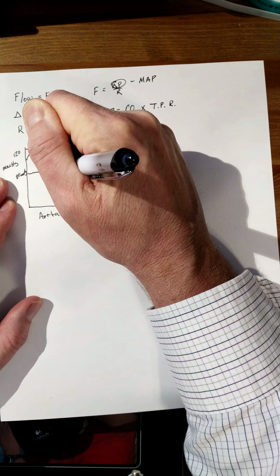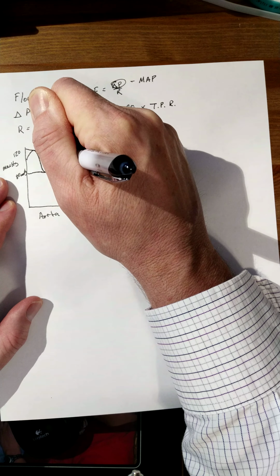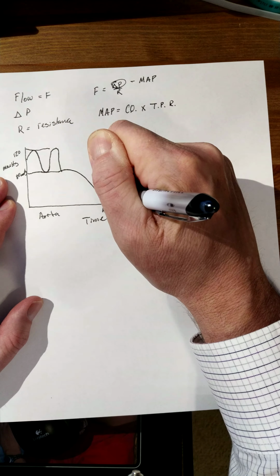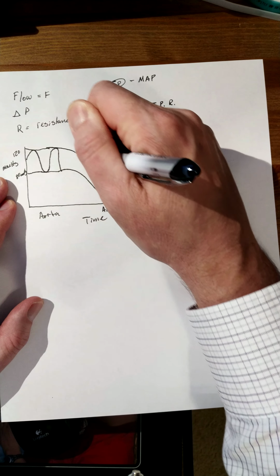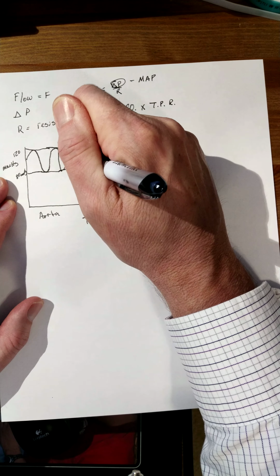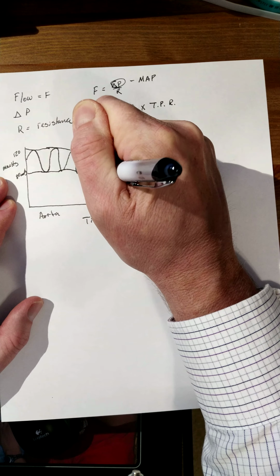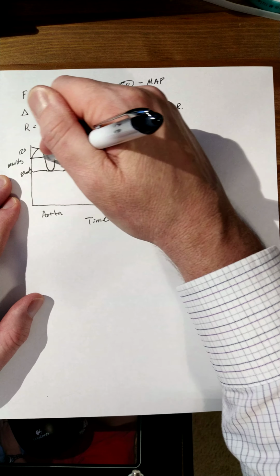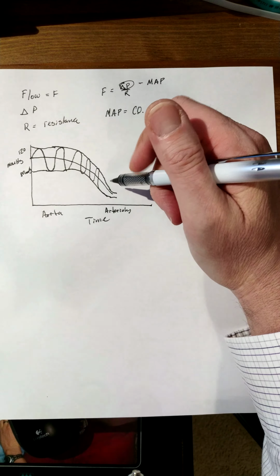It comes down to 80 millimeters of mercury. And this continues as we decrease our pressure as we enter into our arterioles and enter into the capillaries. And our mean arterial pressure just means, it's right down here.